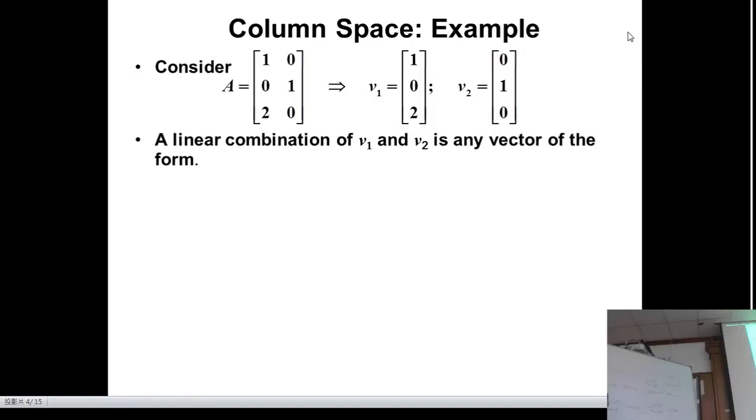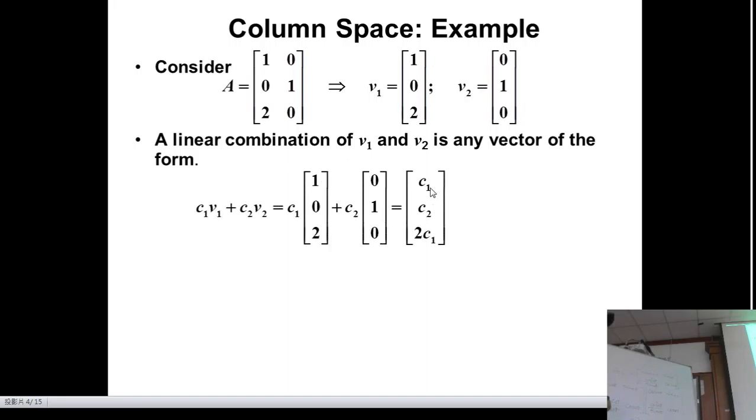Example. If I have A with only 2 columns: 1, 0, 2, and 0, 1, 0. So V1 is 1, 0, 2, and V2 is 0, 1, 0. My column space, the linear combination of V1 and V2, becomes this, given any arbitrary values C1, C2.